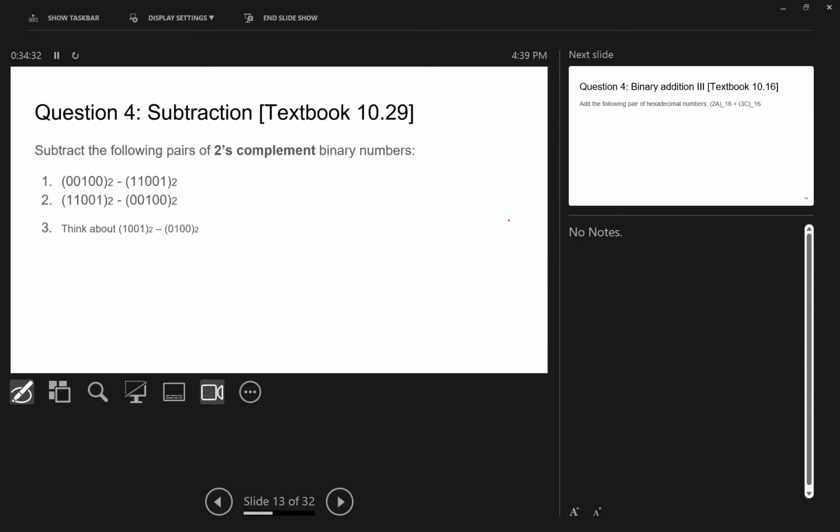If we have A minus B, subtracting B from A is equal to A plus minus B, right? The result should be the same.